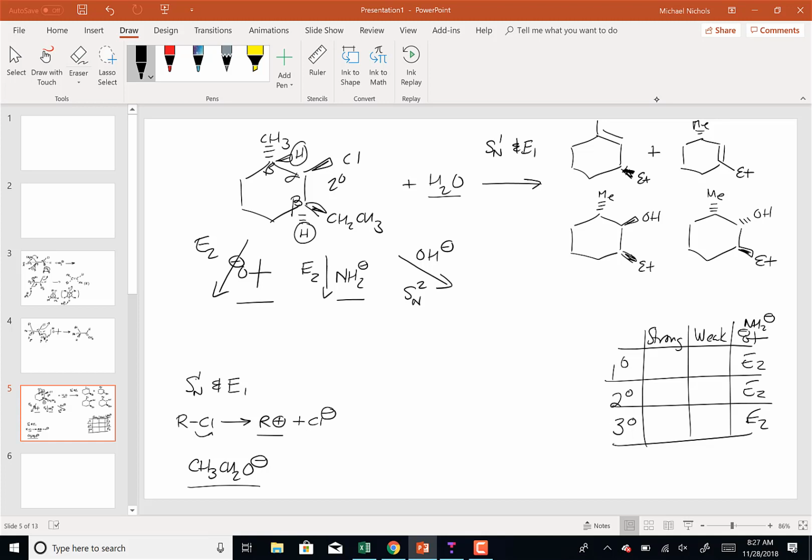I'm starting with a chiral alkyl halide, and whenever you start with a chiral alkyl halide and you do SN1, what do you end up with? A racemic mixture. So the racemic mixture is going to have the OH bold and the OH dashed. In other words, when the chlorine's lost and the carbocation forms, the water is going to add from the top 50%, and from the bottom 50%, so it's going to be on the bold and the dashed. So for that reaction, there are 4 products.